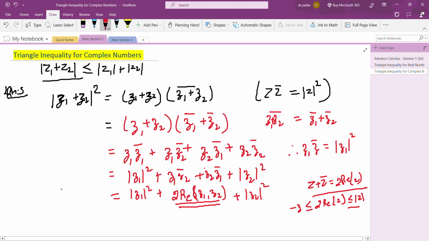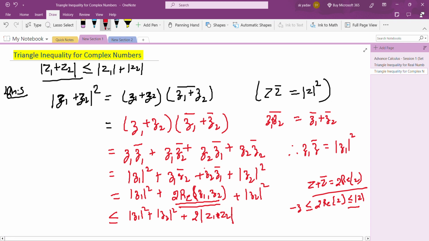If you remember, when we replace this value, the real part, with this Z1, the equal to symbol will be changed, because this value will always be less than or equal to. So we can represent this as Z1 square plus Z2 square, and we replace this value with twice of Z1 and Z2, because there is no plus here, it's a multiplication symbol.